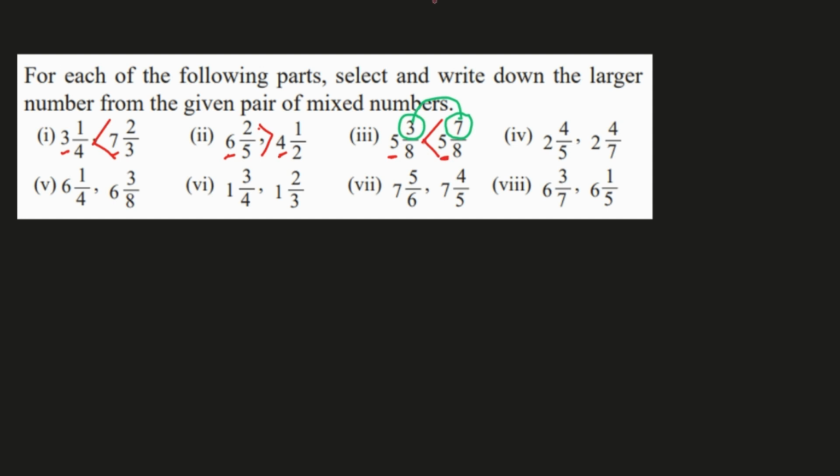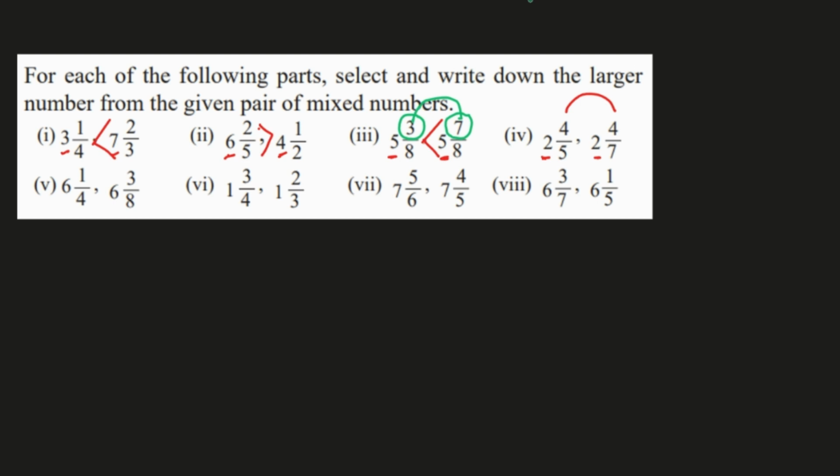Okay, so let's go to the next question. 2 and 4 upon 5, 2 and 4 upon 7. So in that case, the whole number part is equal. So we are comparing the proper fraction part. It's 4 upon 5 and 4 upon 7. So you know that 4 upon 5 will be greater than 4 upon 7, the number which has the lower denominator will be the larger fraction.